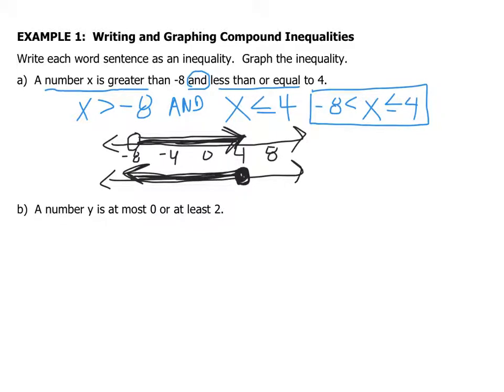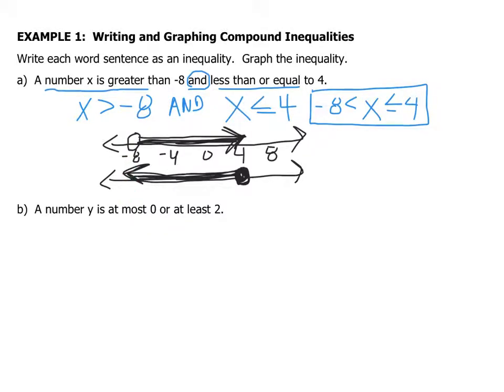So remember, the and statement takes the overlapping part. The overlapping part would start at -8 and go up to 4. The one going right stops at 4 because the 4 doesn't go beyond it to the right, and to the left, this one stops at -8 because it doesn't go further to the left.